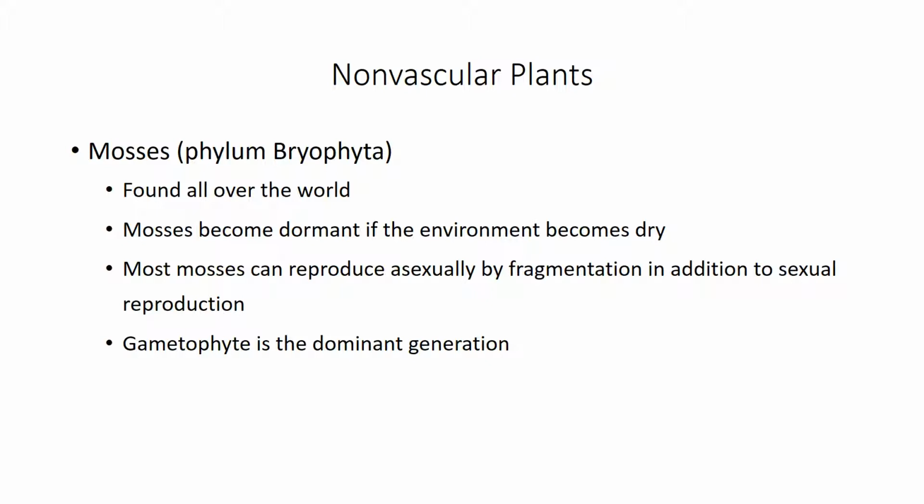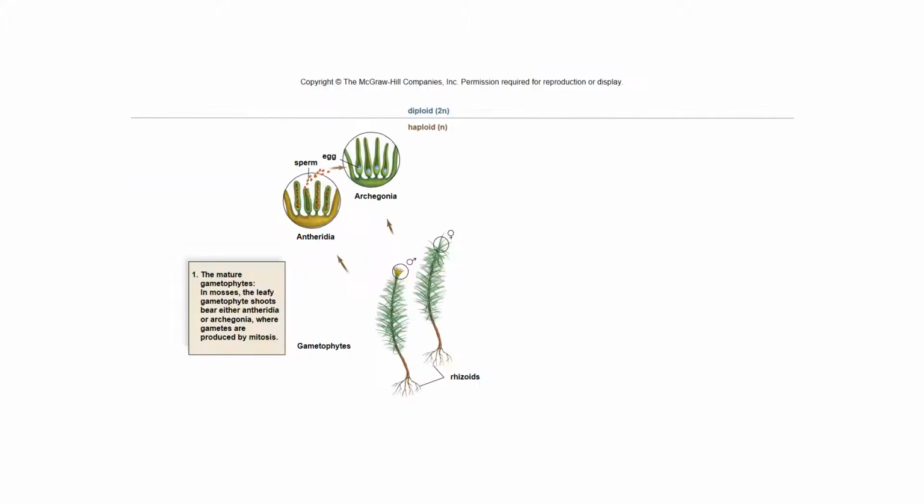Most mosses can reproduce asexually by fragmentation and also reproduce sexually. Just about any part of the moss plant is able to grow into a leaf-like thallus, or flat-lobed body. That's what a thallus is. The gametophyte is the dominant generation, like most water plants.